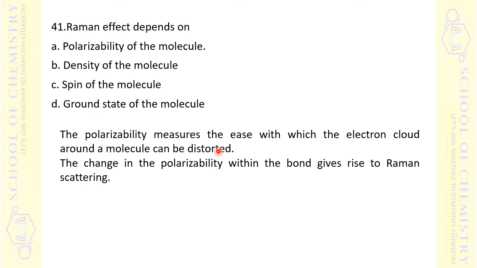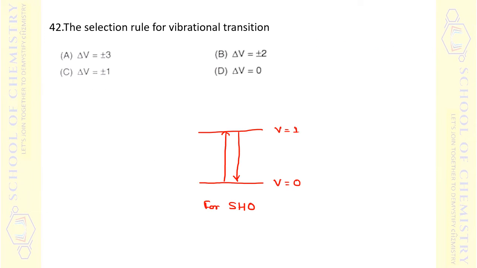If a molecule has to absorb IR radiation during the vibration, there should be a change in dipole moment. Very, very important thing you can remember. For IR, it is change in dipole moment, I just write dm, whereas for Raman activity, it is change in polarizability. Therefore the answer is polarizability which matters for Raman effect. Option A is the answer.